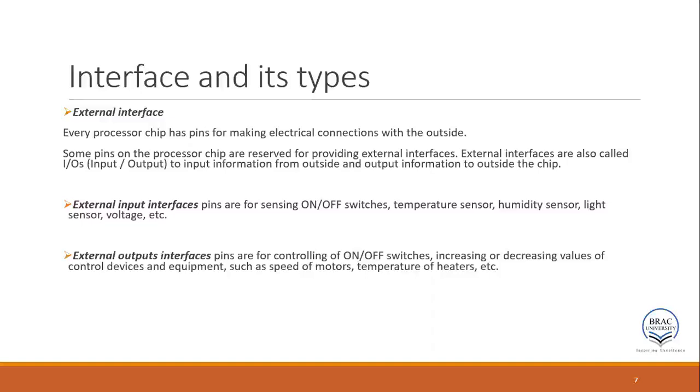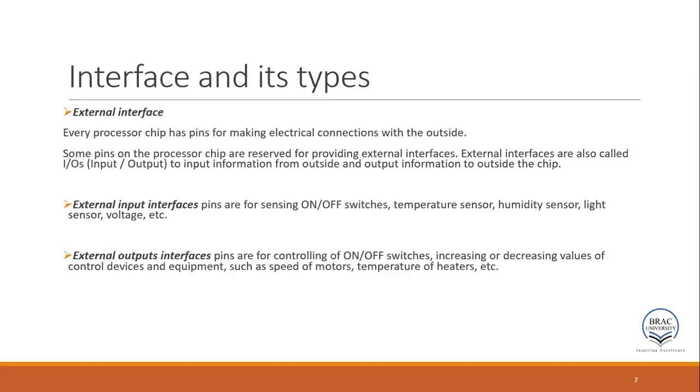We have discussed mouse and keyboards, and we know they are not internal components. They are connected externally with the CPU and give input to the CPU. So they are external input interfaces.